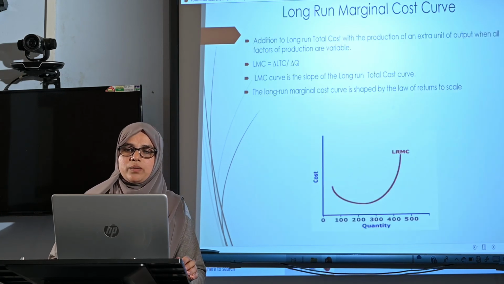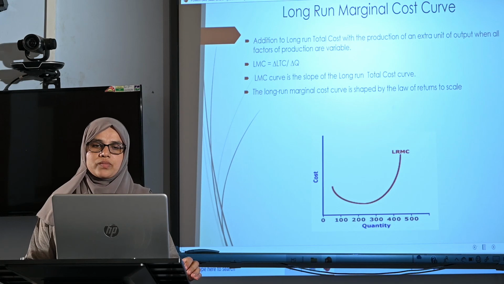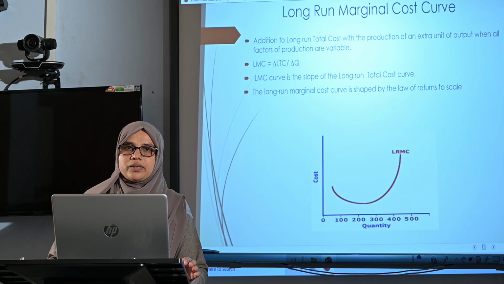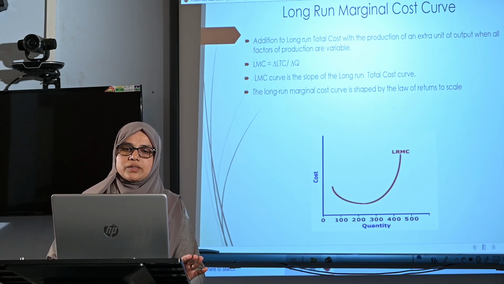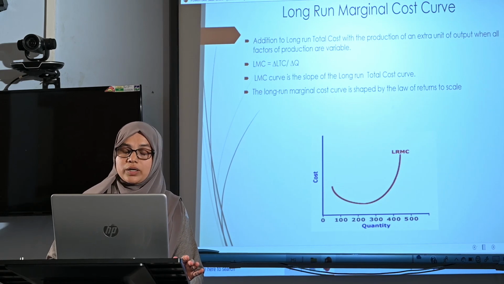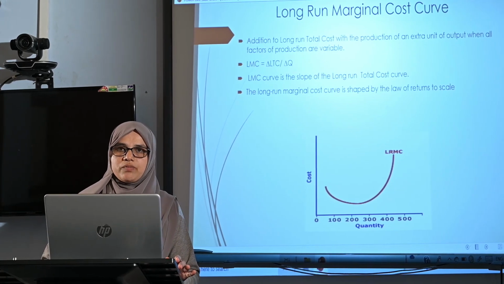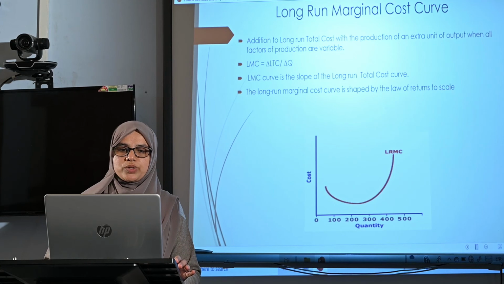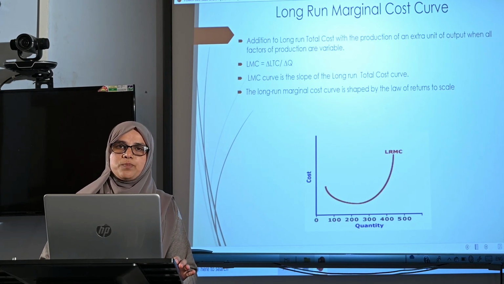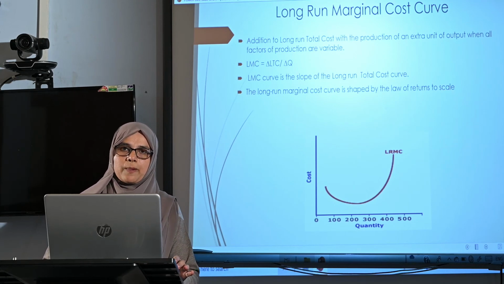Next is long run marginal cost curve. Long run marginal cost curve is addition to long run total cost with the production of one more unit of output when all inputs are variable inputs.